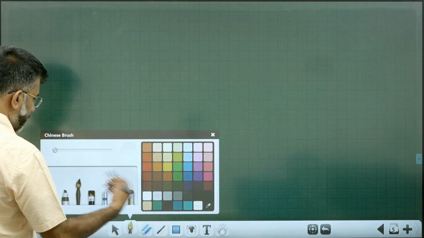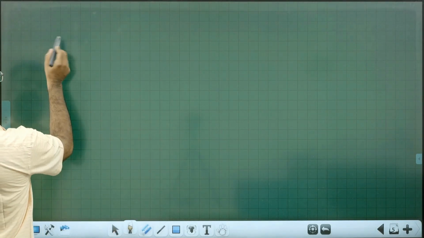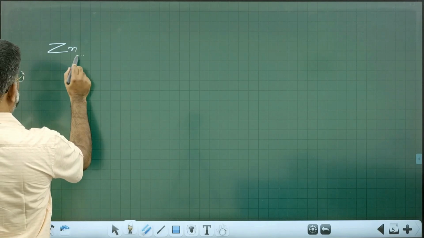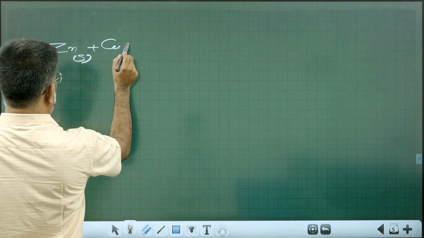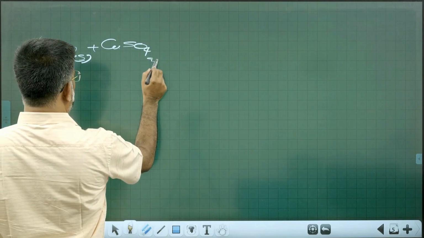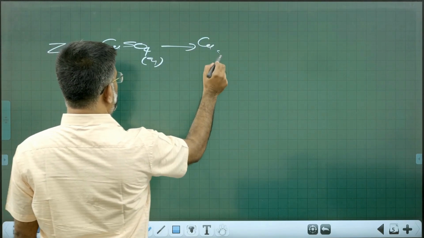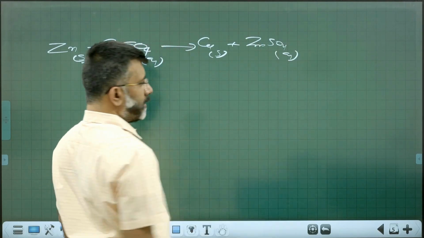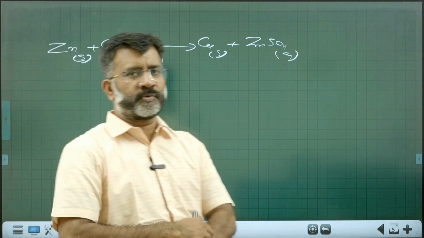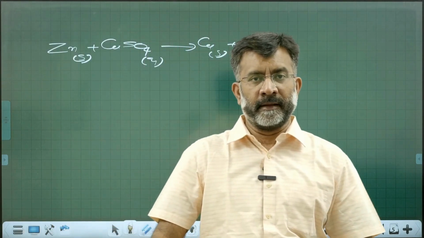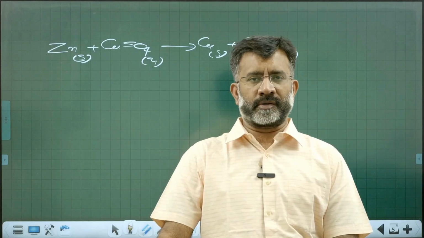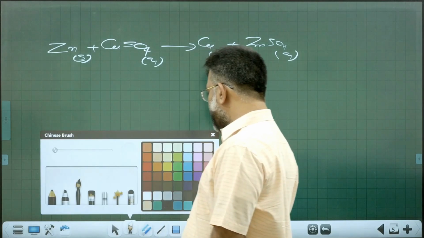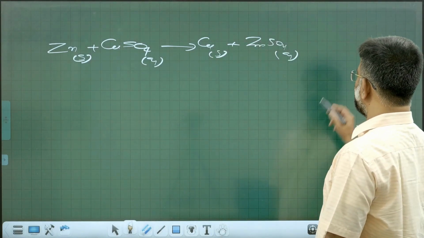And another type of redox reaction which we have already seen, let me write it once again: zinc solid plus copper sulfate aqueous giving Cu solid plus zinc sulfate aqueous. This is a redox reaction called a displacement type of redox reaction. There are two types of displacement: one is metal displacement, one is non-metal displacement.